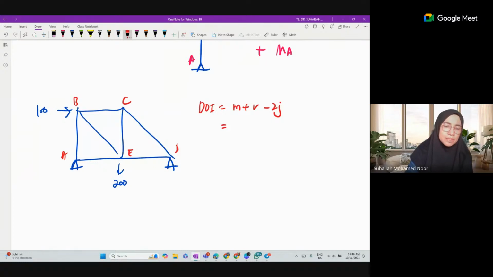R is 4. 7 plus 4 is 11, minus 2J, which is 2 times 5. So we get 1 here. To check whether it is external or internal indeterminacy, we can check using the support.